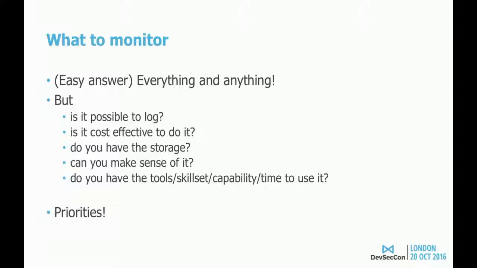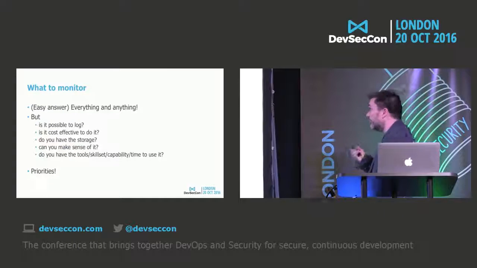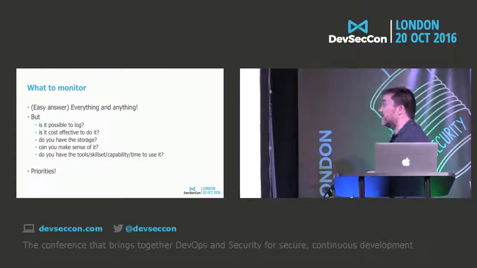So what to monitor? Ideally, everything and anything. Not everything is able to be monitored. Monitoring everything might be expensive, depending on the size of the infrastructure or the applications you're monitoring. It might be expensive due to storage requirements.